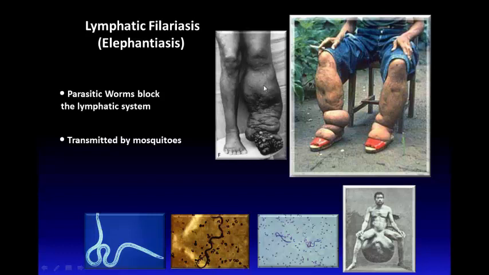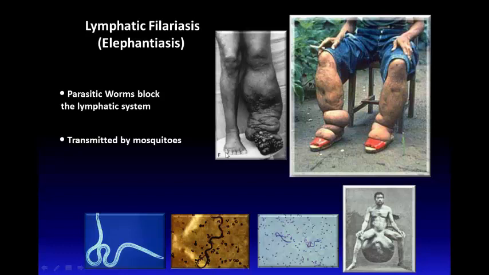Now the leg of this patient looks like the leg of an elephant, hence this condition is known clinically as elephantiasis. Similarly here, this patient has elephantiasis in his two legs. This is a lymphatic edema in the scrotum.